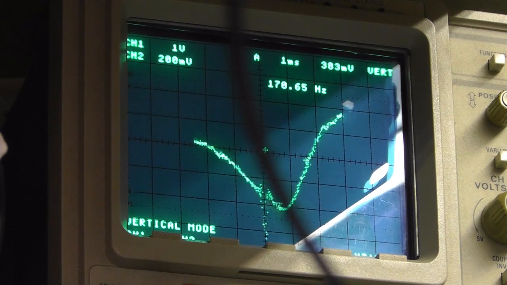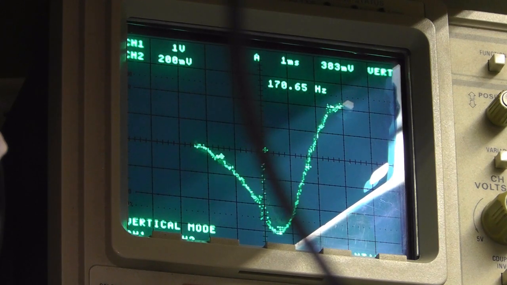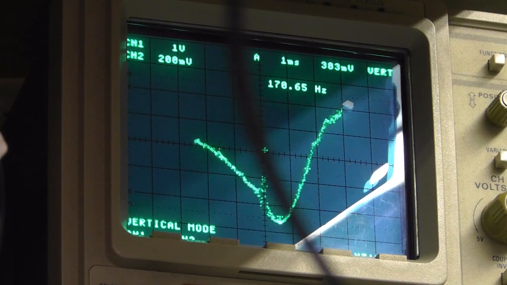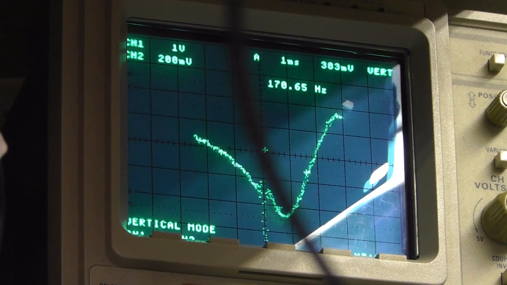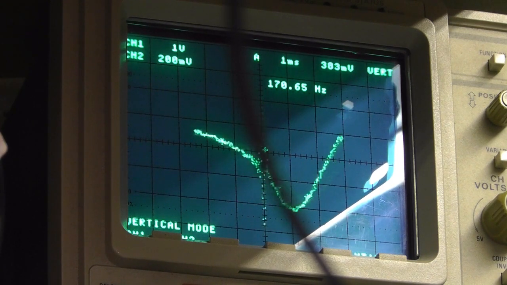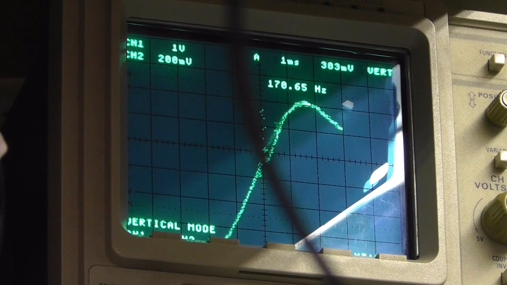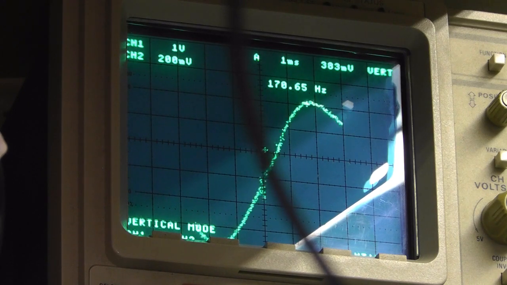See, that's a little bit better. You're not necessarily looking for amplitude, you're looking for symmetry. Let's try again. Okay. See, that's better. You see, we've got symmetry now.